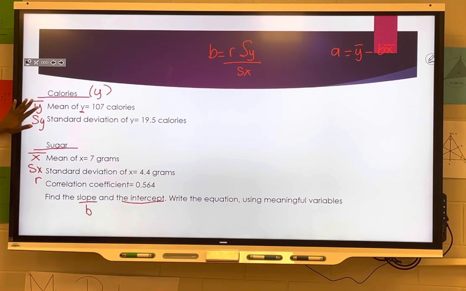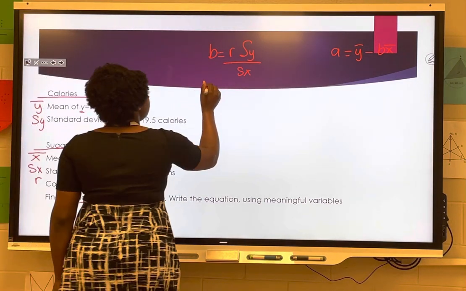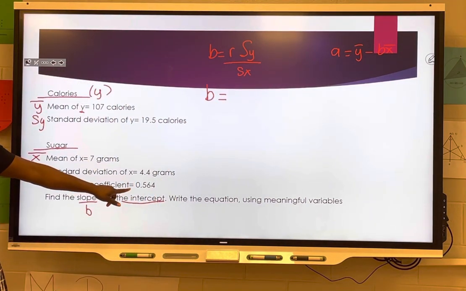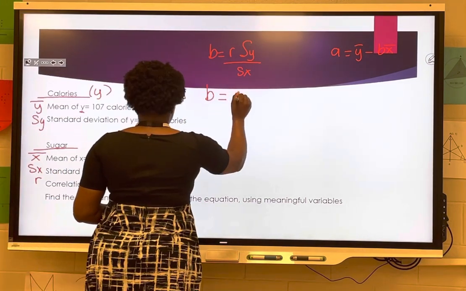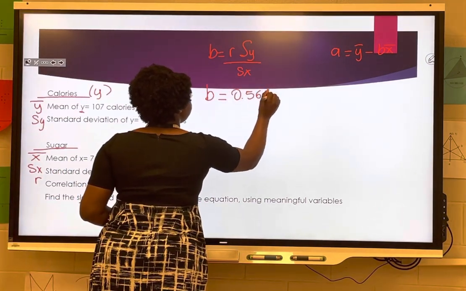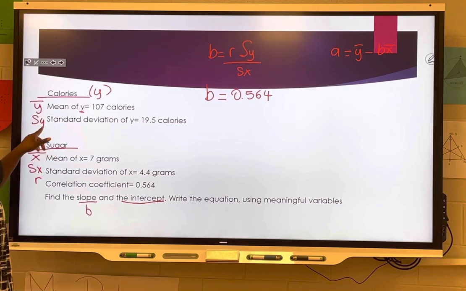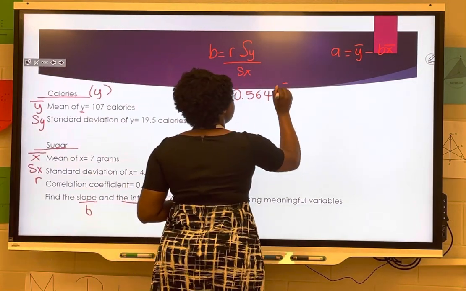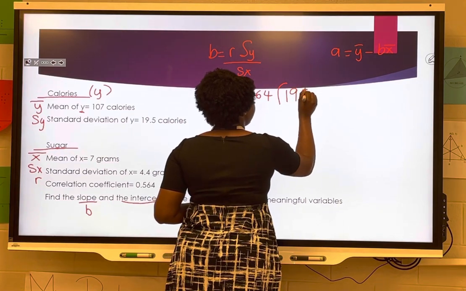So once we can label the critical points given to us, we can now substitute the values into the formula. So let's go. So b is equal to r, and that's my correlation coefficient, and that's 0.564. Sy is my standard deviation of y, that's 19.5, times the 19.5.